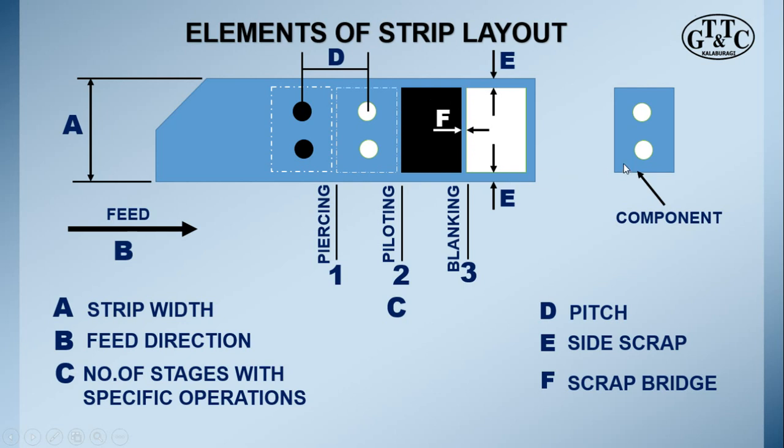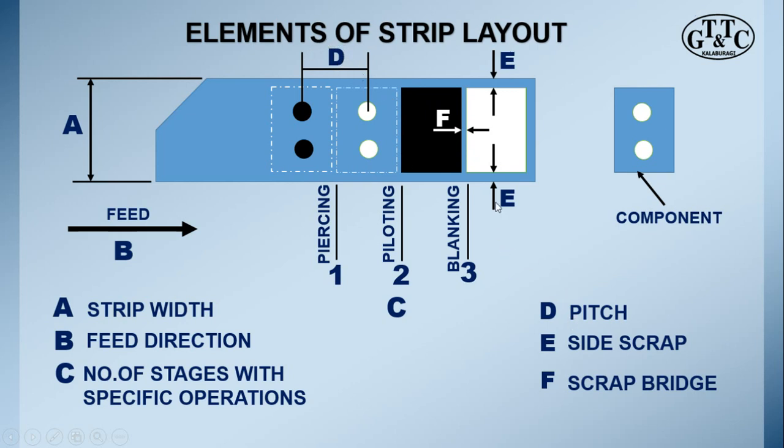And that's how a component is produced with blanking and piercing operations. And then D is the pitch. The pitch is the distance between two consecutive stations. As the strip travels from one station to another, it will travel with the right, specified pitch.